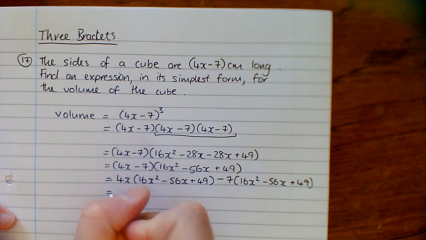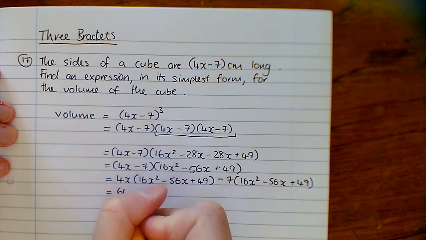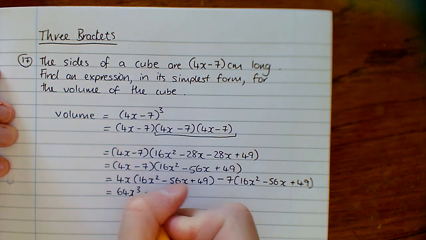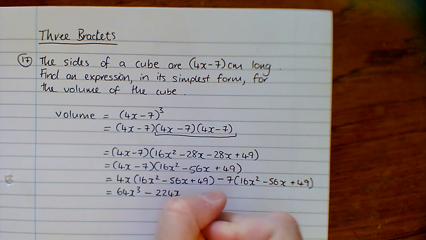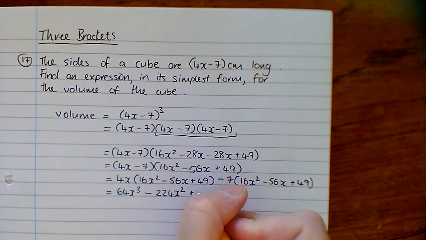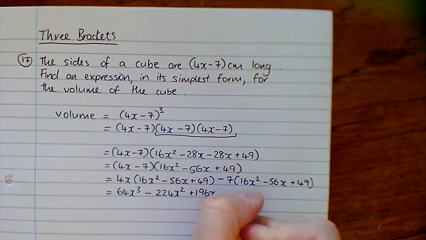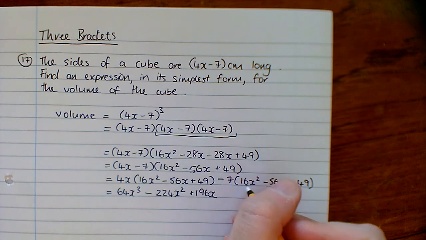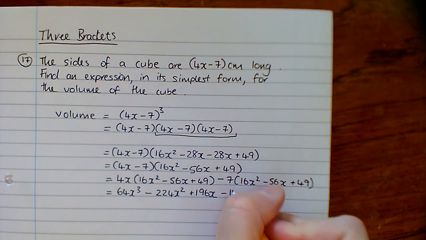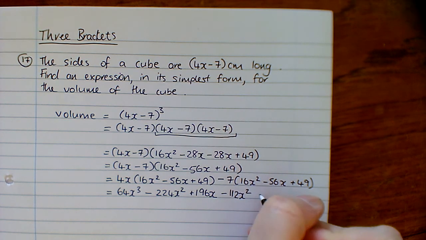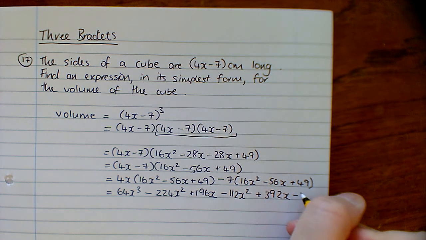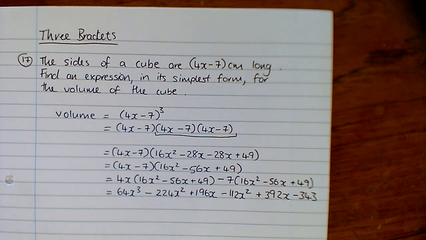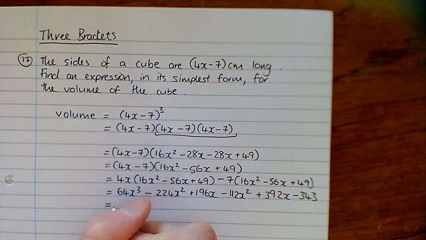So multiplying all that out, we get 64x cubed minus 224x squared plus 196x, minus 7 times 16 and minus 112x squared. Two minuses now, plus 392x and minus 343. And now we tidy that up.